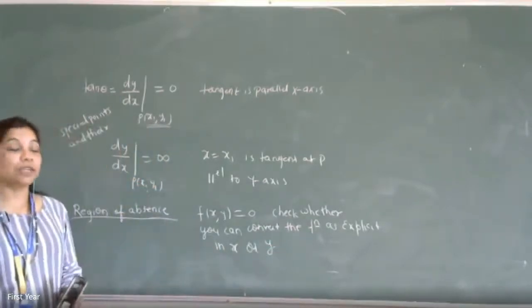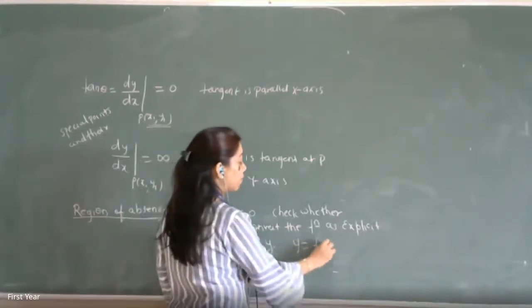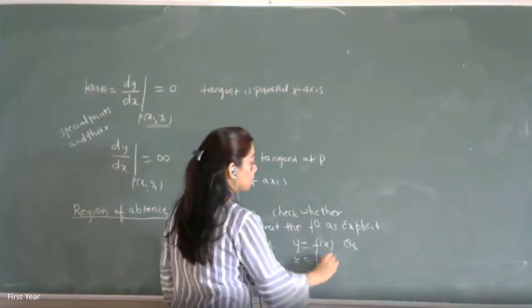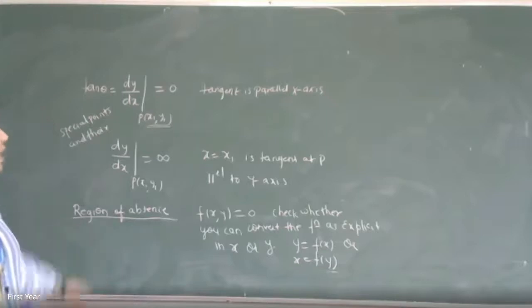What do you mean by explicit function in x or y? Y is equal to either f of x or x is equal to f of y. If I am able to write this, then it becomes very simple to find the region of absence.